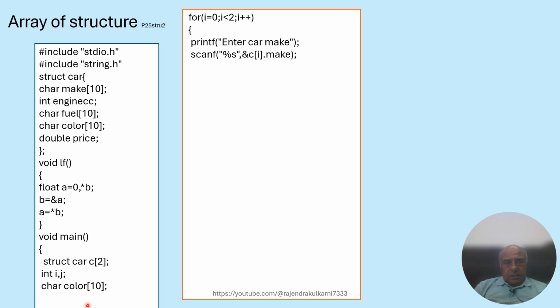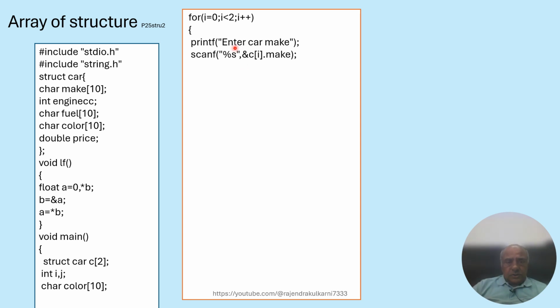By using this for loop, what we are going to do is assign values to initialize the elements of struct car by prompting the user to enter his data.